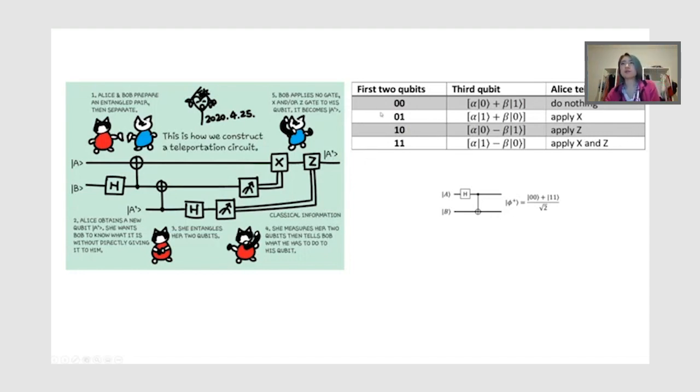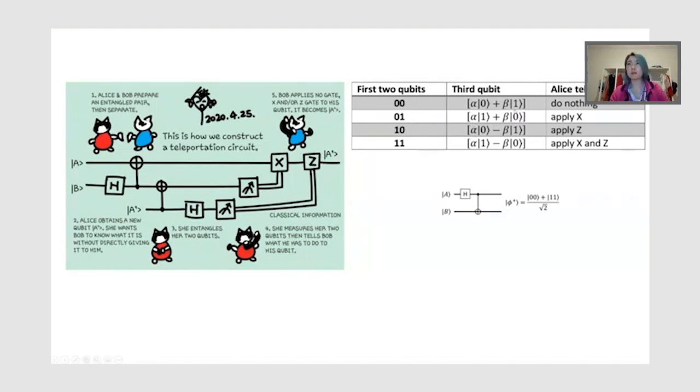So this table shows that if Alice's 2 qubits after she does the measurement become 0 and 0, then we know Bob's qubit will be this one, and he doesn't have to do anything.